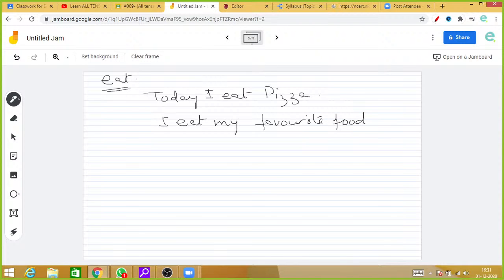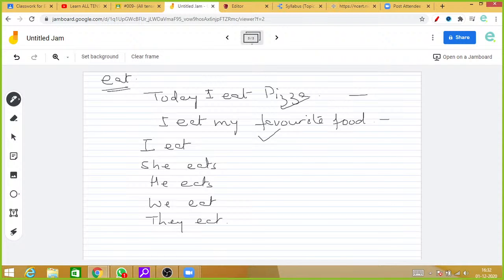Okay. In fact, nothing is wrong with both the sentences, but the simplest form of the simple present tense would be I eat. She eats. He eats. We eat. They eat. After that, whatever: I eat my favorite food.